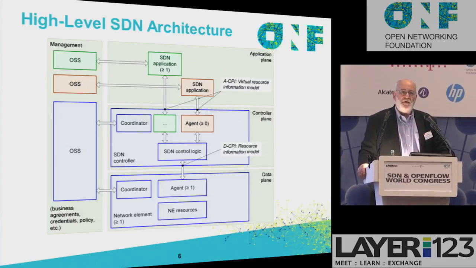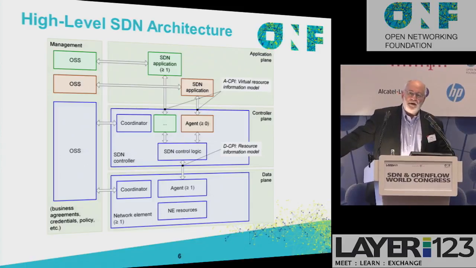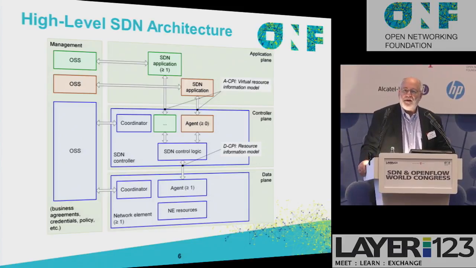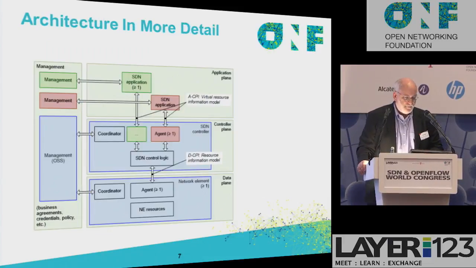So the applications don't need to know any of the specifics of the hardware or the actual boxes that we use down in the data plane. The controller presents an abstract representation of those resources to the application so that the applications can be written with an interface that they know and doesn't have to change depending on what hardware you actually use in the network.